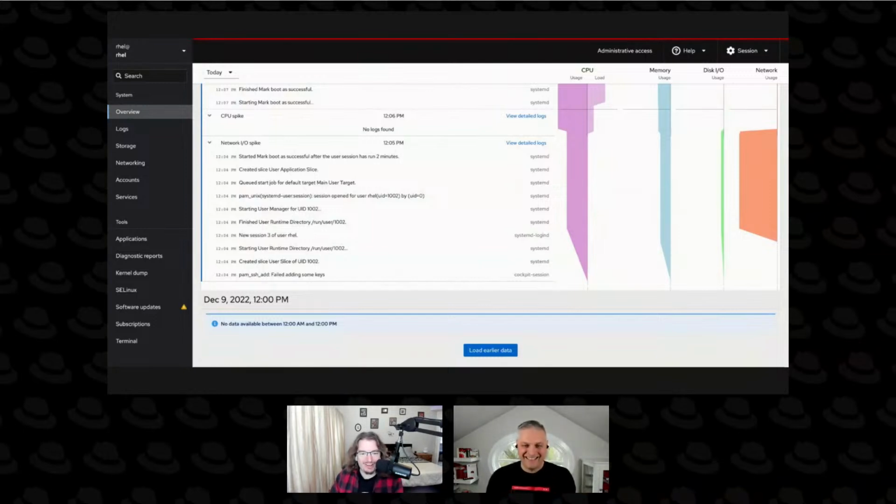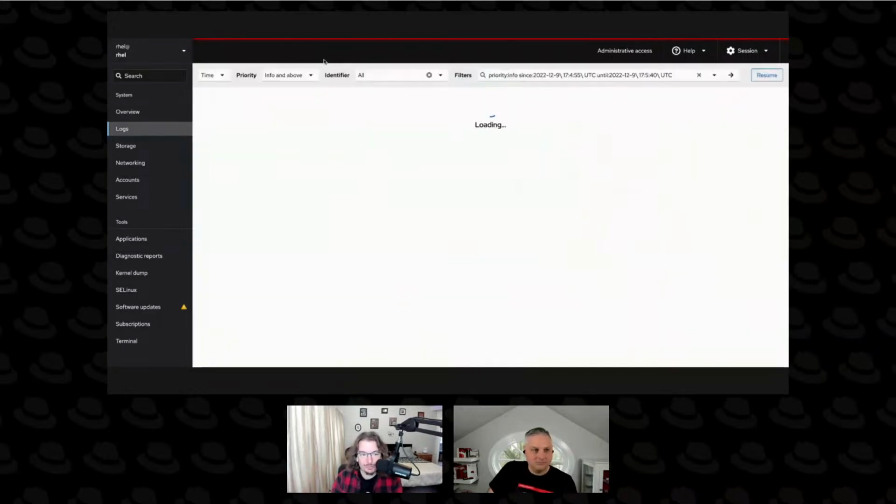But it'll actually pull out individual points of interest when there's a spike, a sudden increase in activity, and you notice that across that top bar, it actually says View Detailed Logs. So what we're looking at is actually a conglomeration of a ton of different tools, some of which we looked at, some of which are included in the BCC tools.